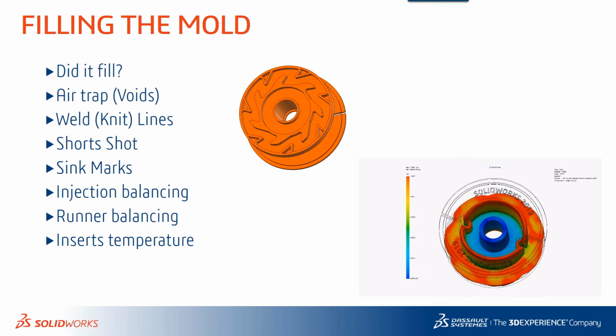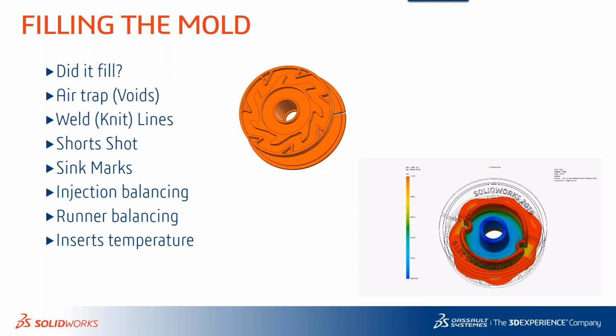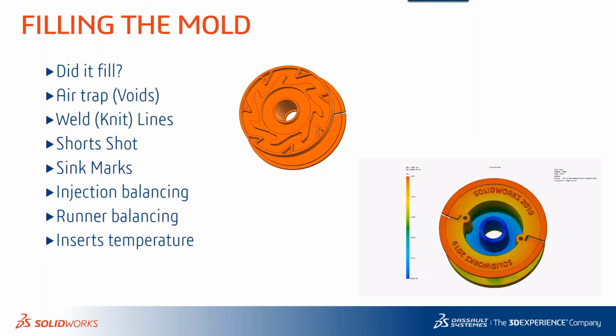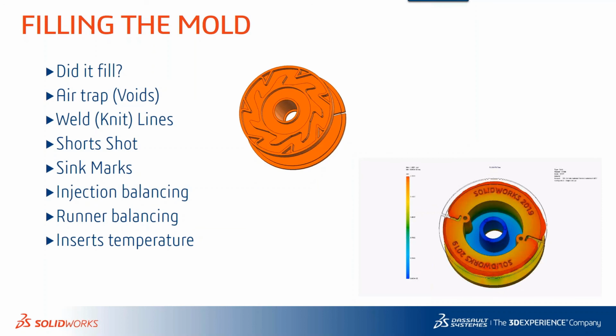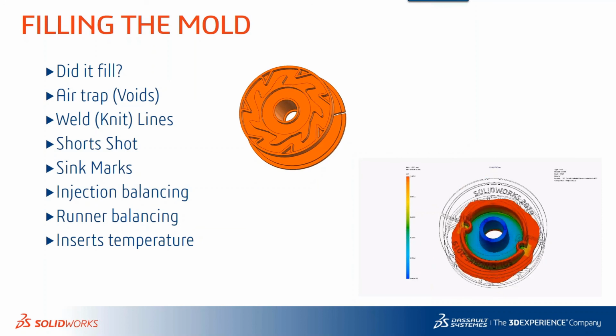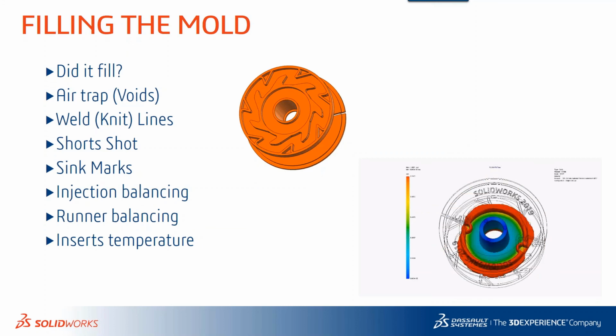The other thing that we want to look at when we are running a fill analysis is to, again, as I mentioned, check for shrinkage early on. And we can also get some preliminary results on cooling time. So if the cooling time is extremely high, then that prepares us to set up a much better cooling setup for that cooling analysis.